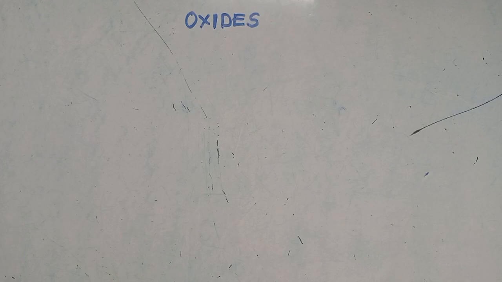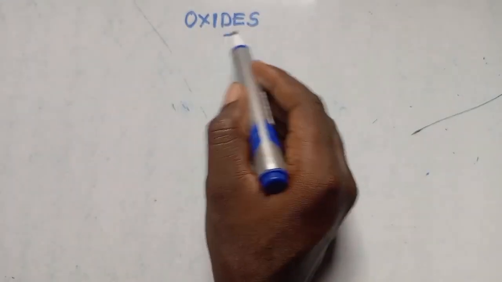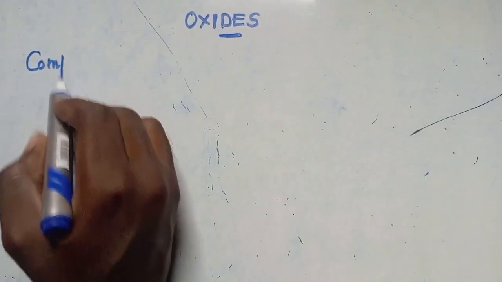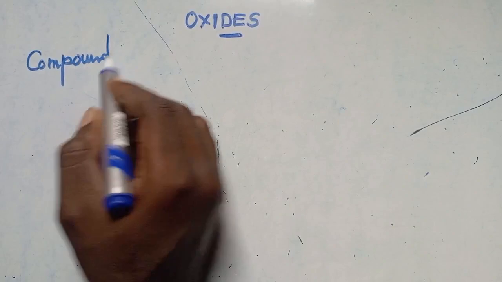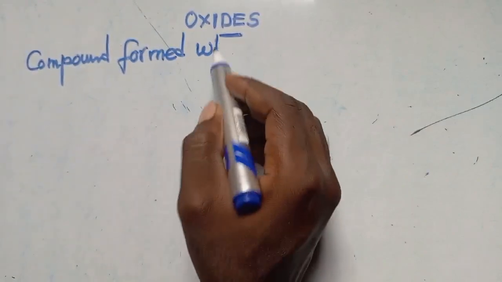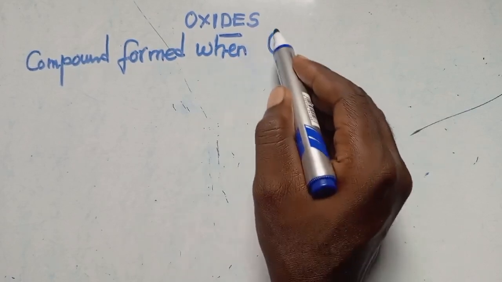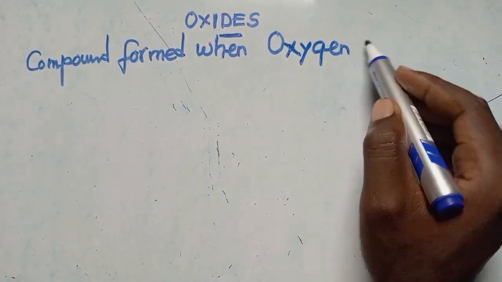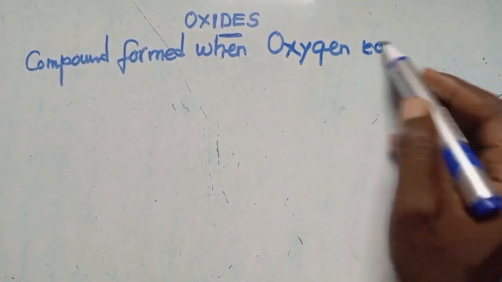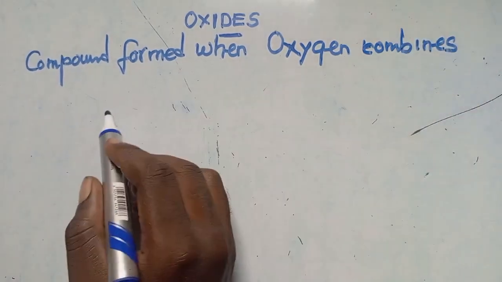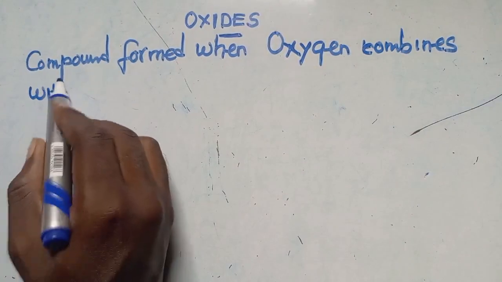Whenever we are talking about an oxide, you just need to understand that this word oxide, we are just talking about a compound. It is a compound formed when oxygen reacts or combines with other elements.